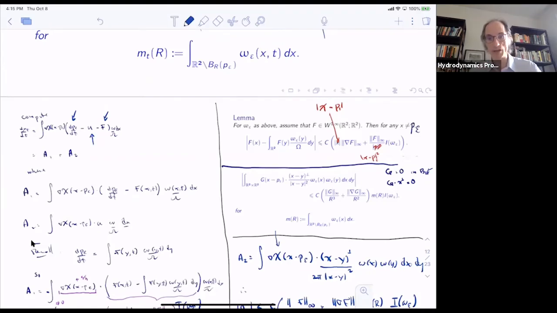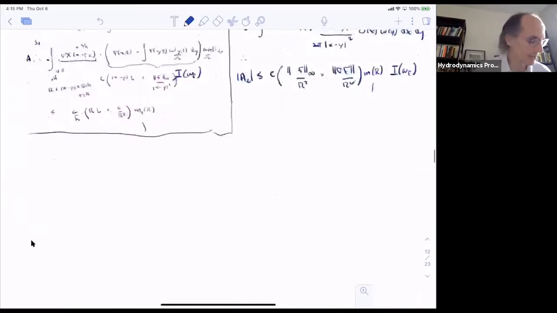And then there's the part driven by the difference between the flow of the particle along the vector field f and the flow of the center of vorticity, which is given by a kind of average of the vector field f with respect to the vorticity.